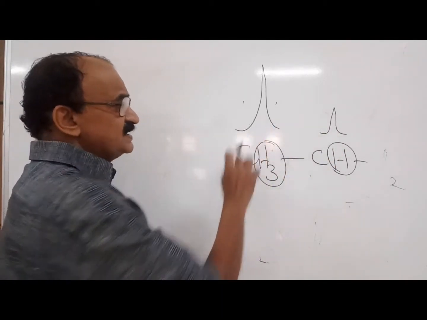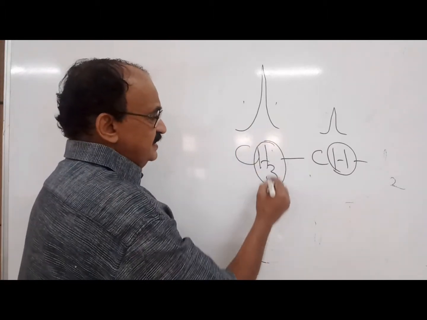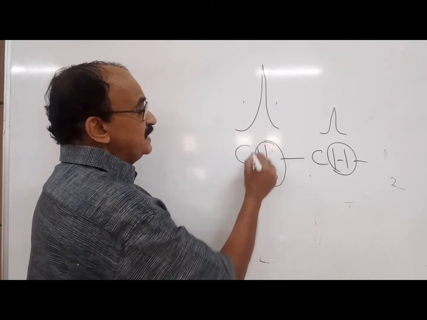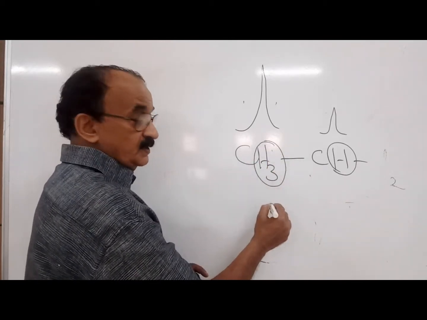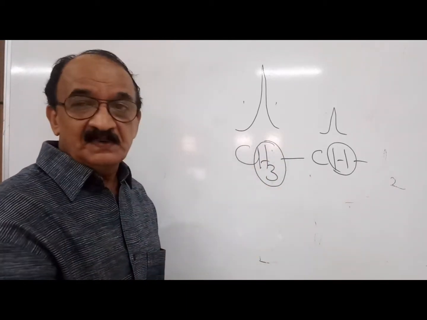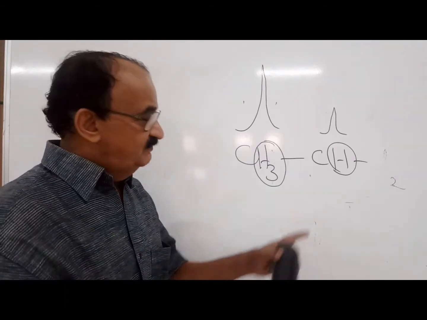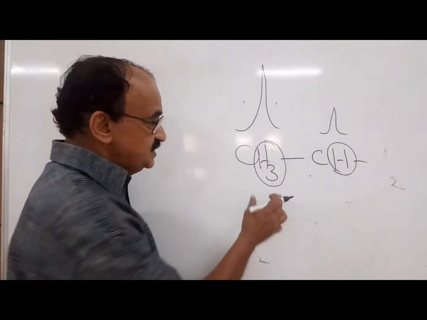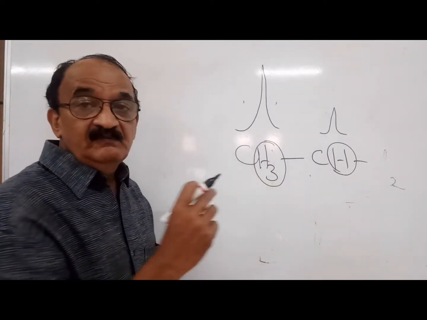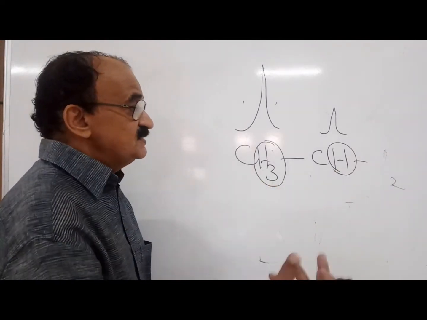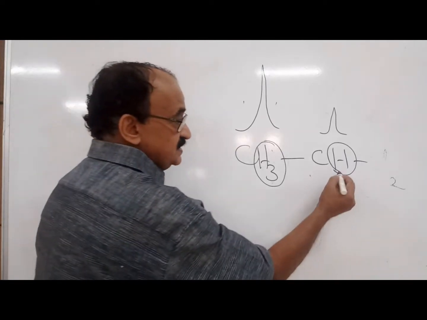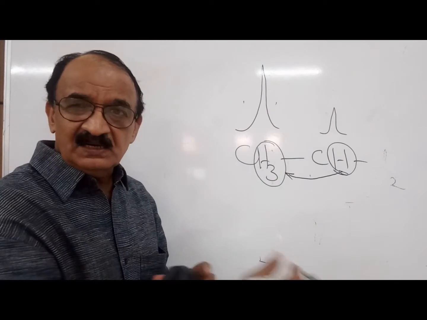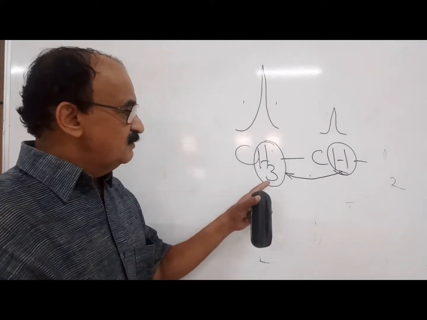As far as this signal is concerned, the spin magnetic moment of this proton will be disturbed, coupled with the spin magnetic moment of the neighboring proton. As far as these three protons are concerned, which one is the neighbor? This one. So this neighbor will disturb or perturb the magnetic moments of these protons.